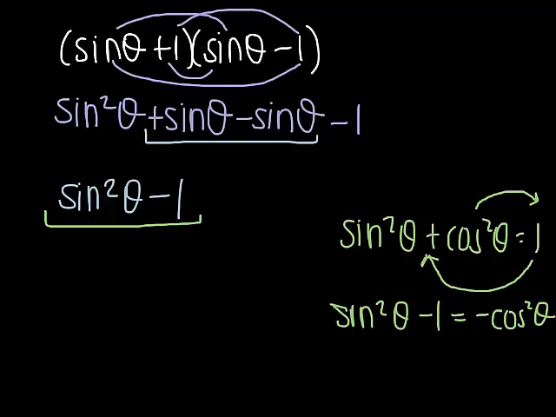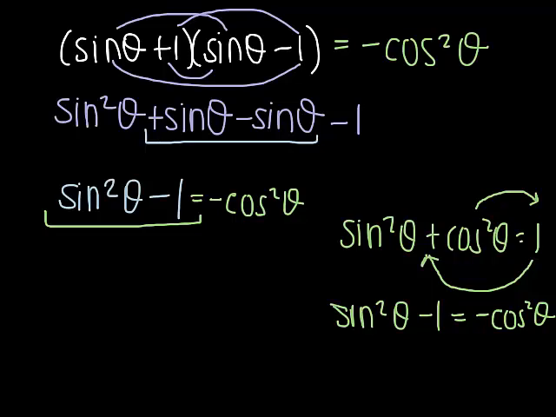Does everybody see how I just manipulated that equation? So now sine squared minus 1 actually is the same thing as negative cosine squared. So this whole expression that I started with is the same thing as negative cosine squared. So we're using our identities to simplify our expressions.